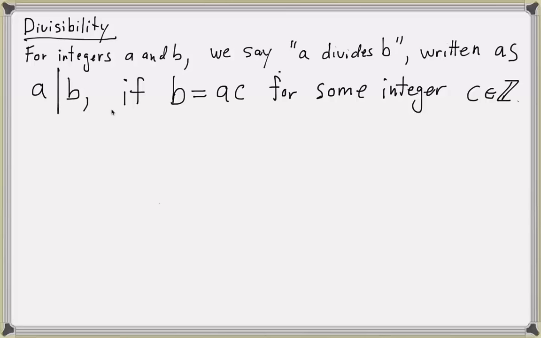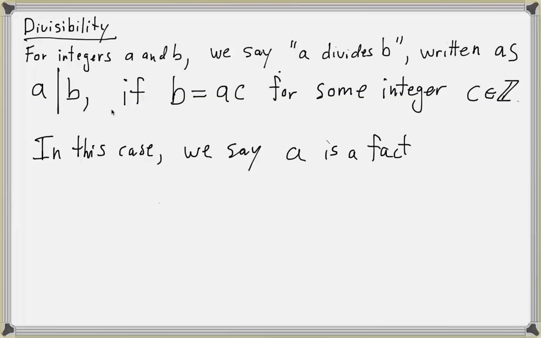Well, if a divides b, we have a couple other words I want to define. In this case, we say a is a factor of b. So when we say factor, saying a divides b is the same as saying that a is a factor of b.